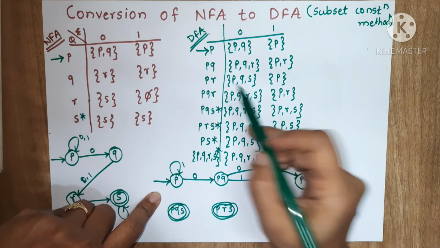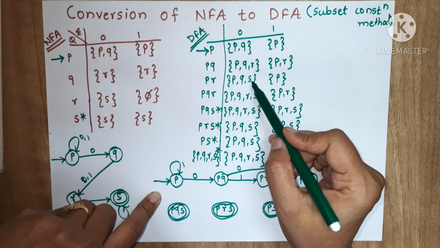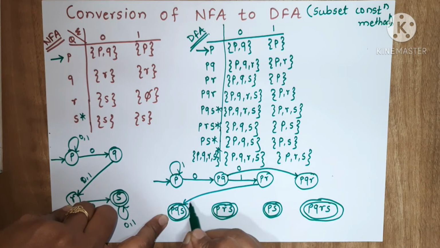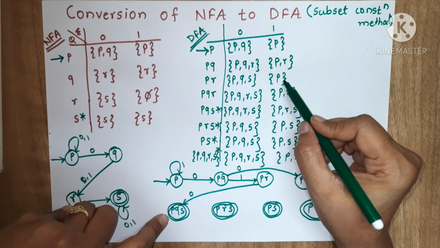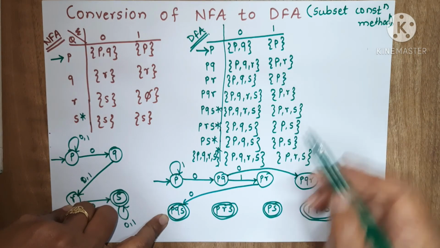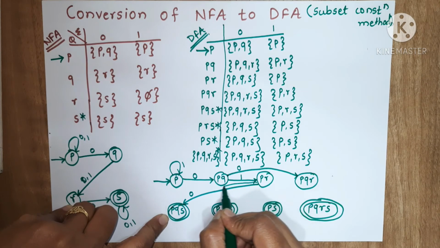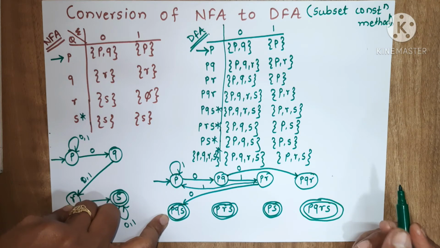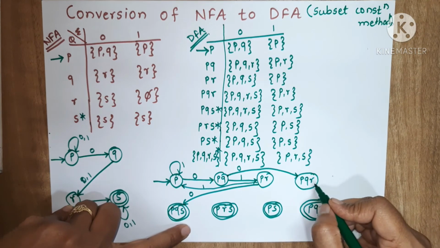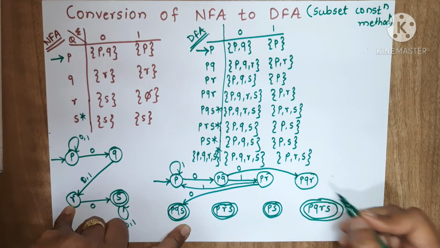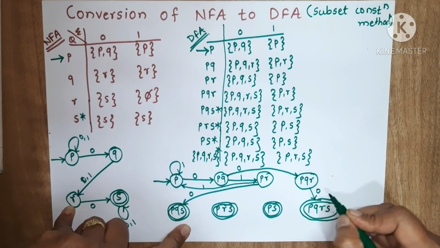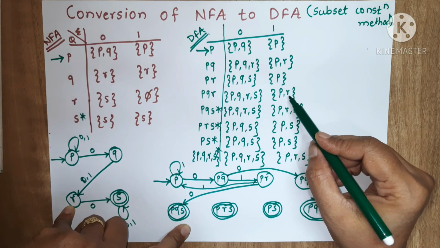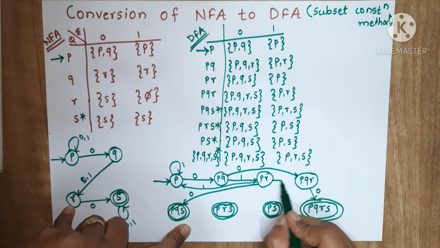Then PR on 0 goes to PQS, and PR on 1 goes to P. Then PQR on 0 goes to PQRS, and PQR on 1 goes to PR.